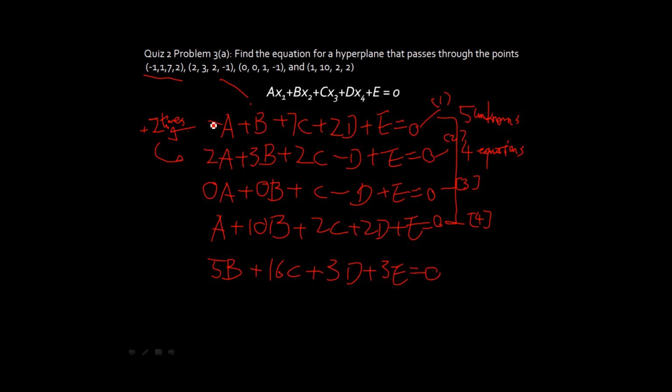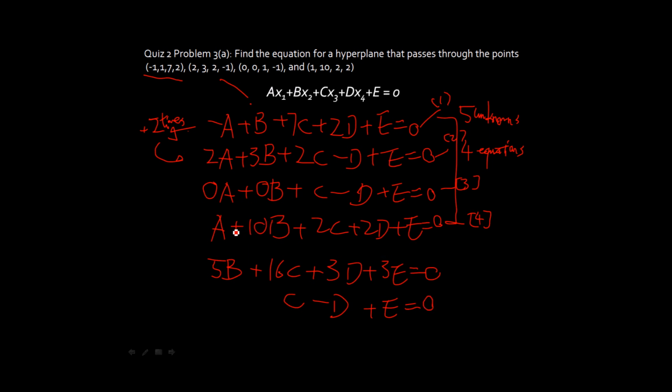So essentially I add equation number 1 to equation number 2 2 times, and I arrive at this equation. For the third equation I don't have to do anything, because there is no a in it, so I just copy it: c, minus d, plus e equals 0.